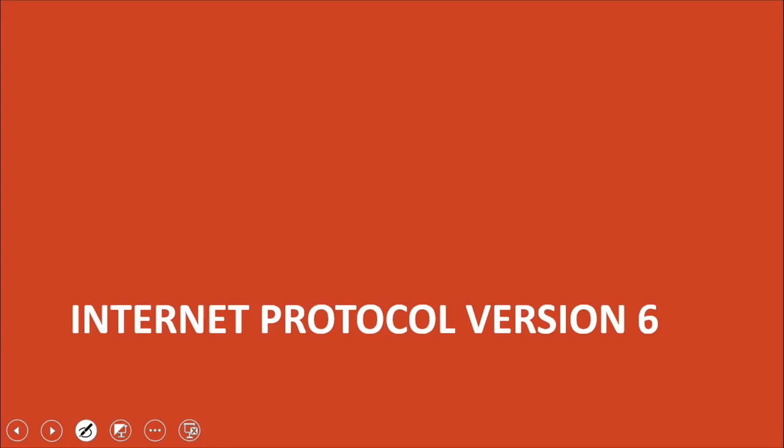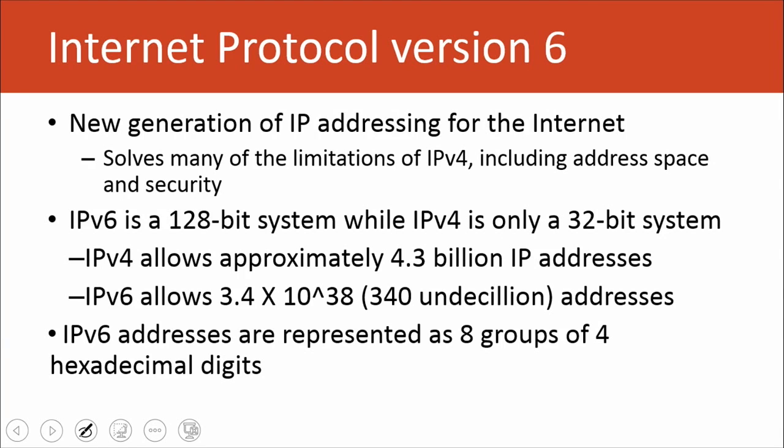So, all right. On to IPv6, Internet Protocol version 6. This is the wave of the future, and actually it may even be the wave of now for some folks. Not everybody's implementing IPv6 yet, but it will happen very, very soon. Internet Protocol version 6 is just a new generation of IP addressing. It solves a lot of the limitations with IPv4.